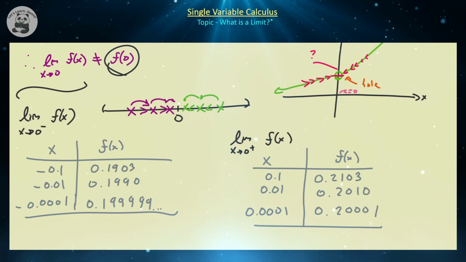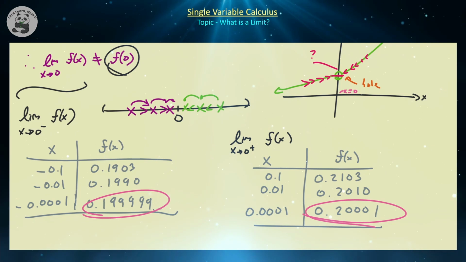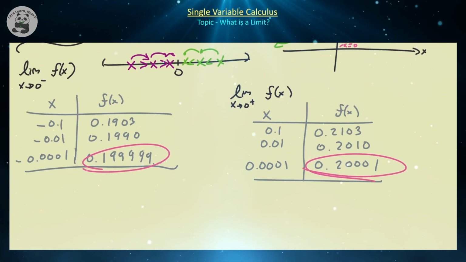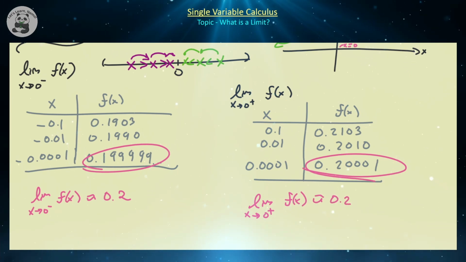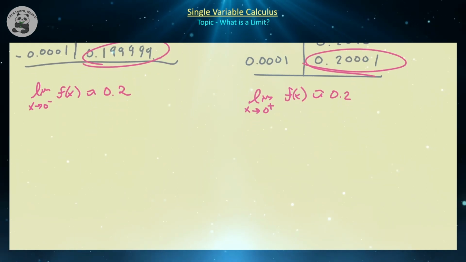Do these y values appear to be getting closer and closer to something? Possibly you can conjecture that the limit as x approaches 0 from the left is approximately equal to 0.2, and the limit as x approaches 0 from the right of f of x, although we don't know it's exactly equal to 0.2, we can definitely say it's approximately equal to 0.2.